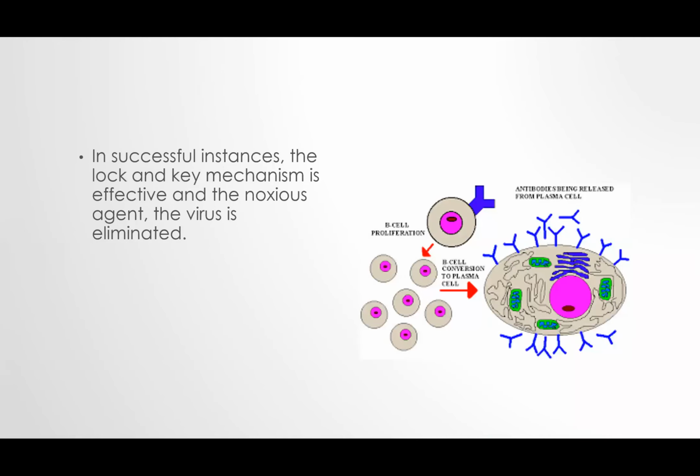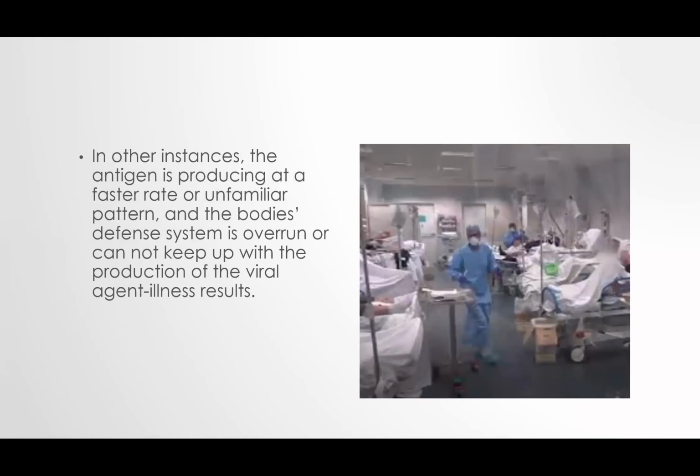In successful instances, the lock and key mechanism is effective and the noxious agent, the virus, is eliminated. In other instances, the antigen is produced at a faster rate or in an unfamiliar pattern, and the body's defense system is overrun or cannot keep up with the production of the viral agent. Then illness results.